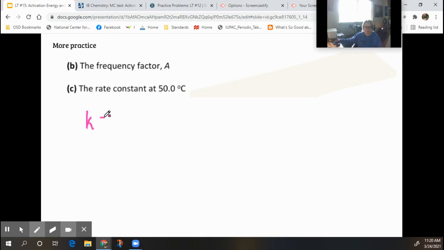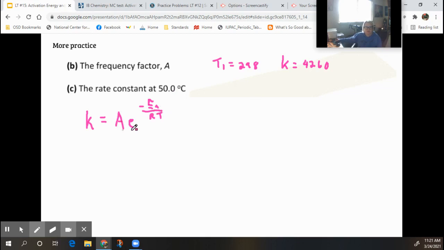So remember, the exponential version is rate constant equals frequency factor times e to the negative EA over RT. And I can use any particular temperature I want for this that I was given on the previous slide. So I'm going to use that temperature of 298, which had a corresponding K value of 4,260.